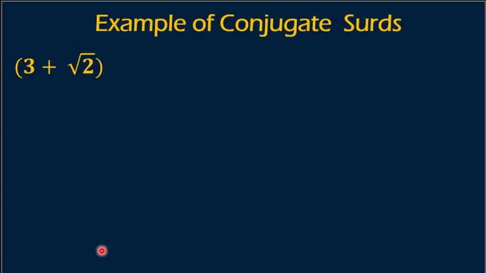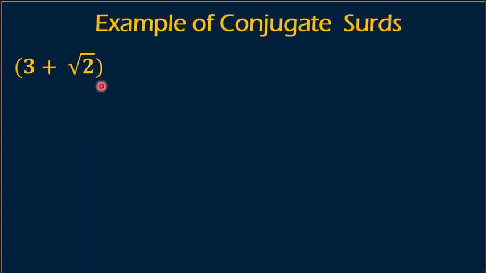Like always, a good example helps. So let's see. If we have an expression 3 plus root 2, how do we go about it? To understand the term conjugate, let's look at a few examples. First, we have 3 plus root 2.